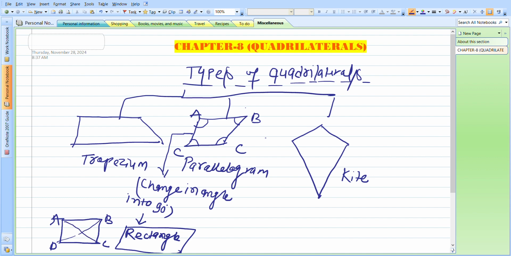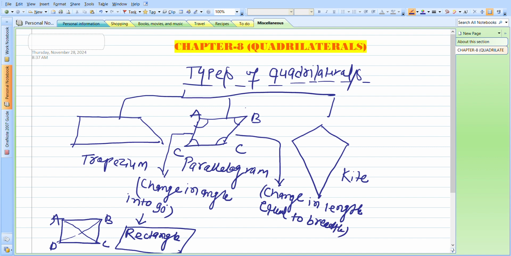The second type: when we change the length in a parallelogram to be equal to the breadth, it becomes a rhombus.